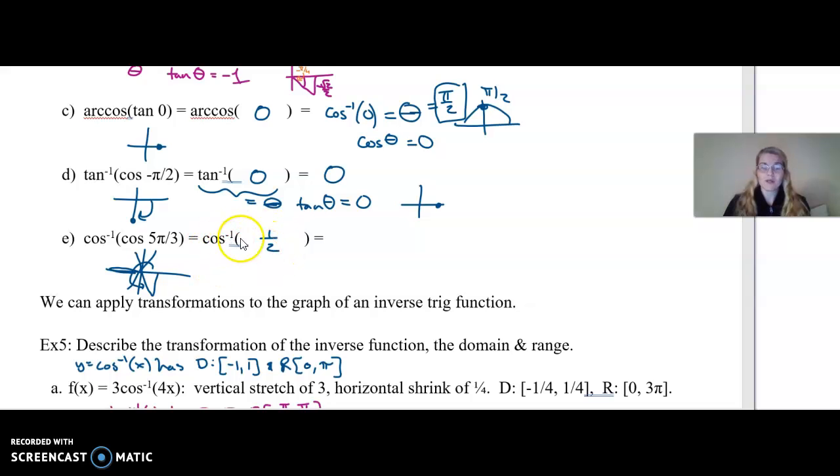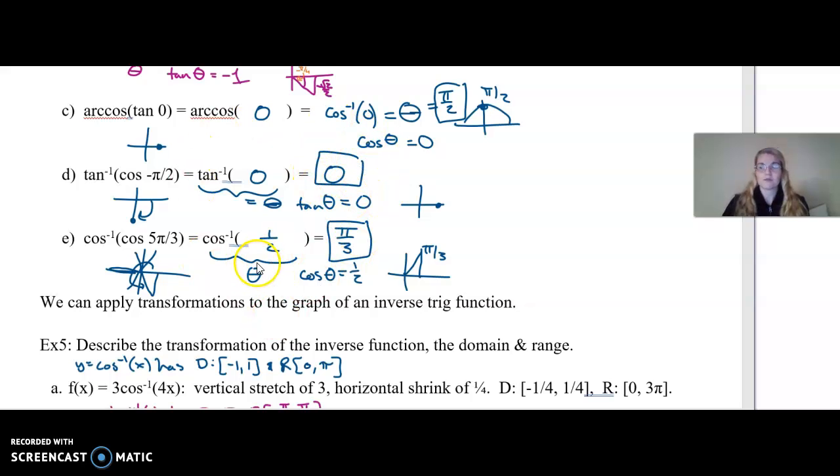So where else is cosine equal to positive 1/2? If this is my theta, then cosine of theta equals 1/2, most easily in quadrant 1 with the reference angle pi over 3. Alrighty. So those are our solutions there.